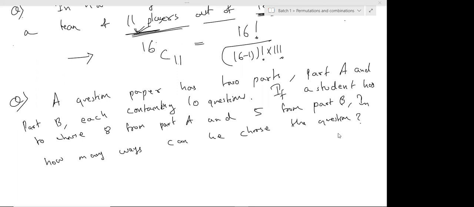If a student has to choose 8 from part A and 5 from part B, in how many ways can he choose the questions? Try to solve this. Alright, I'll give you a few minutes.